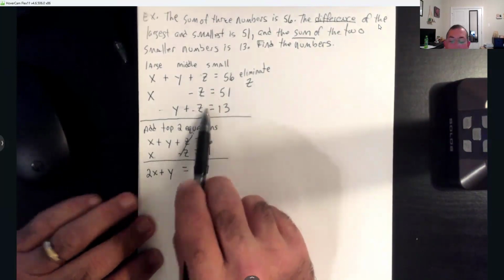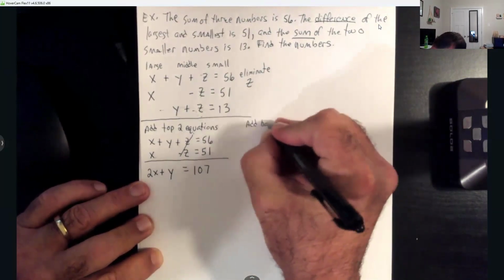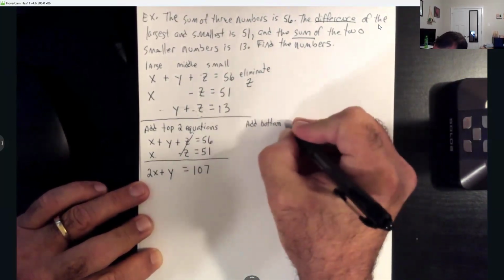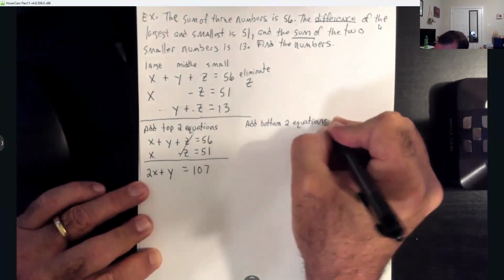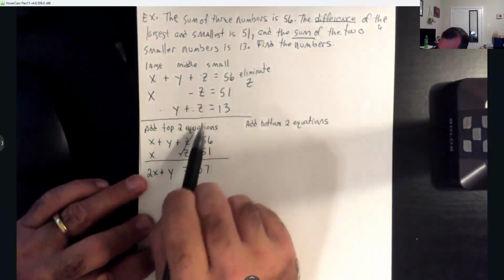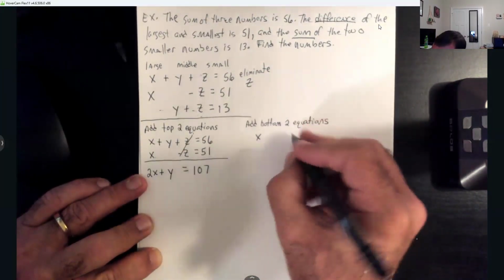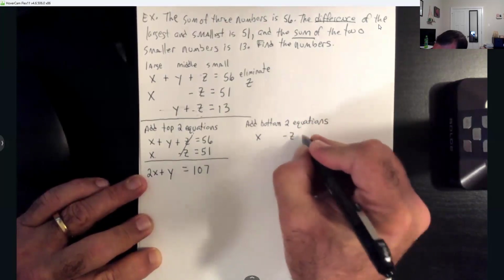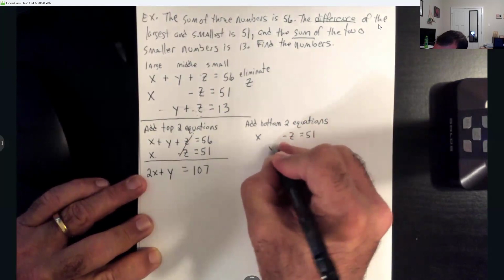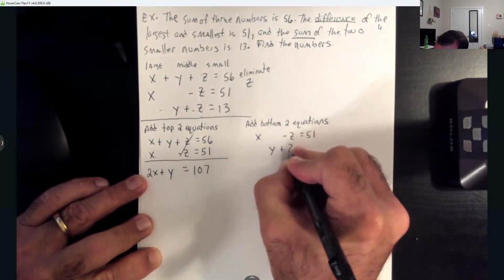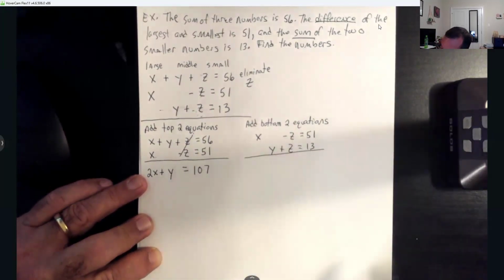So what I'm going to do now is add the bottom two equations and get rid of my z. So that one, I had x minus z equals 51, and then this one was y plus z equals 13. Let's see what we got.